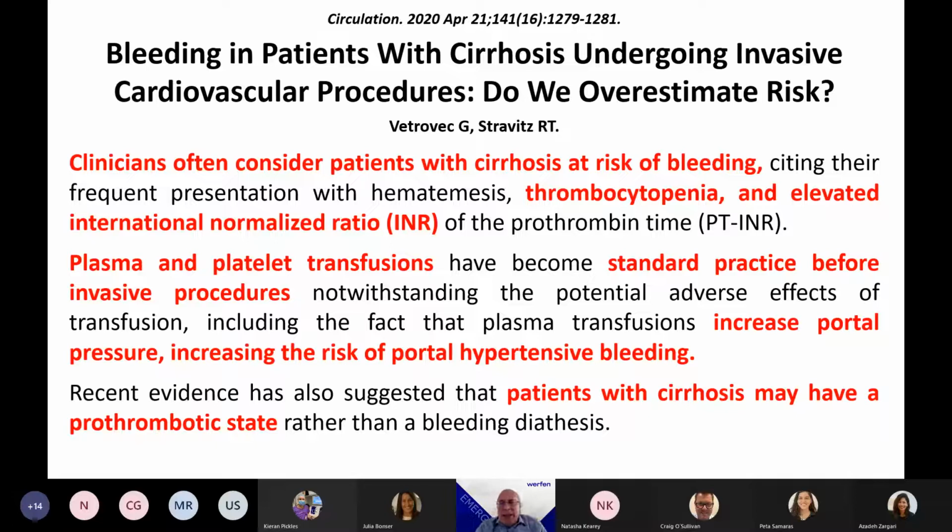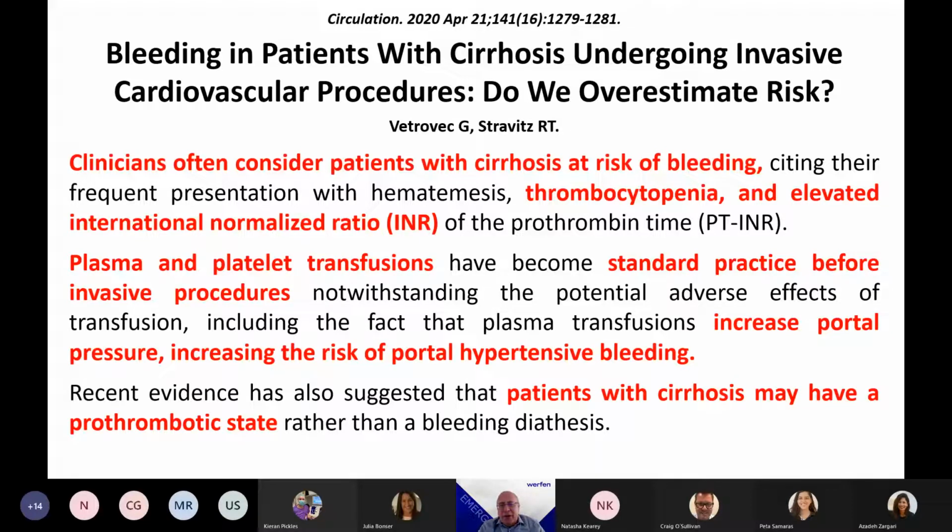And there's a clear message that plasma and platelet transfusion, which is still standard practice in a lot of hospitals before invasive procedures if there's an increased INR or low platelet count, should be avoided, because most cirrhotic patients are even in a prothrombotic state. And we can see this by comparing.